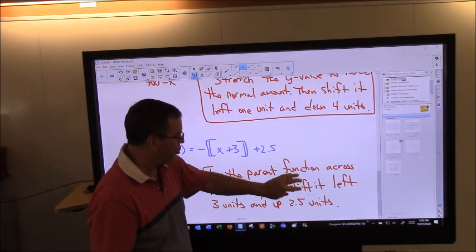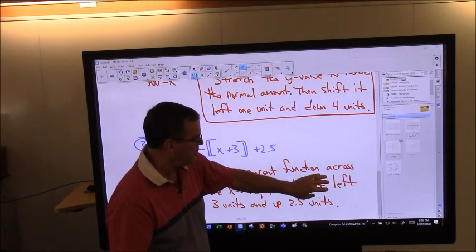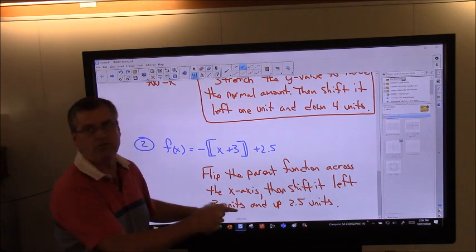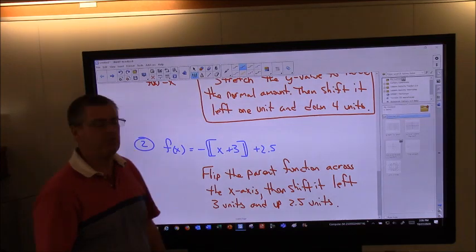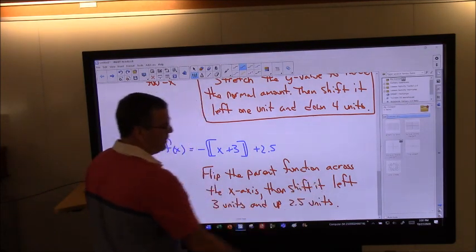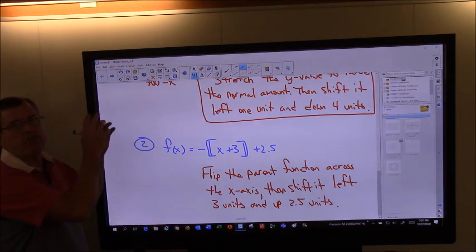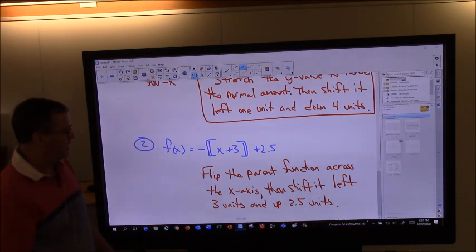I'd have to say shift the parent function left 3 units, or 3 units to the left, I don't care how we word that, and then shift it up 2.5 units. Be real careful with that word it. Make sure we've established what it is first, and then move forward.